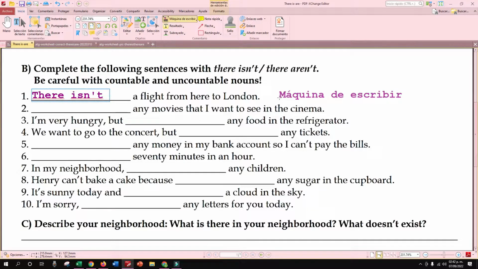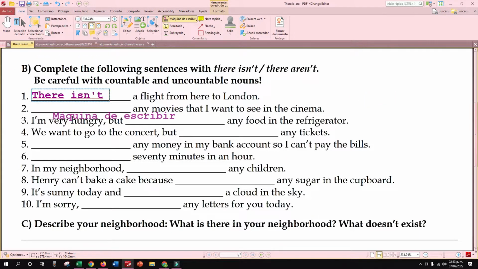Because you're saying a flight, that is singular. And remember that you're going to use there is for singular. And the negative form will be there isn't. So there isn't a flight from here to London, right?